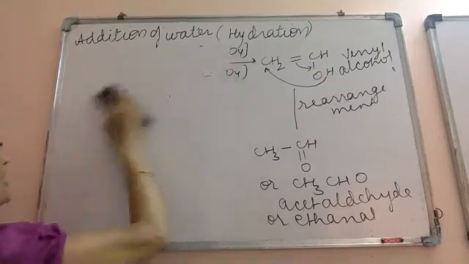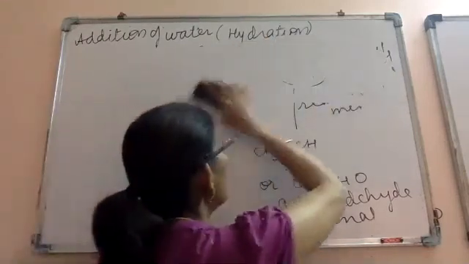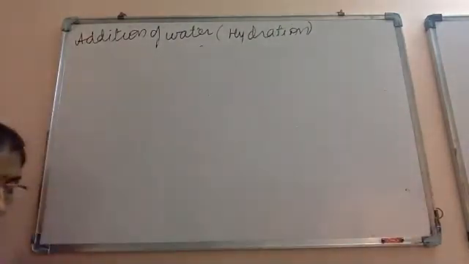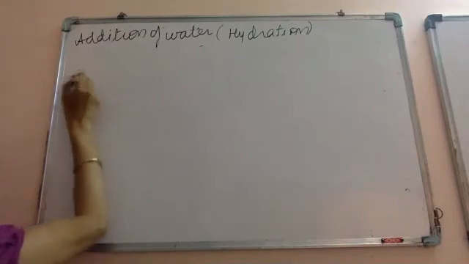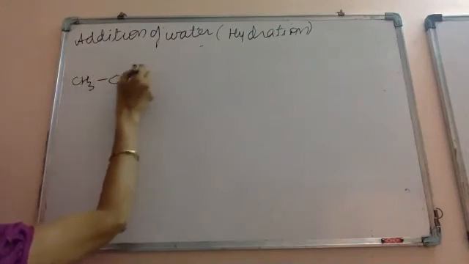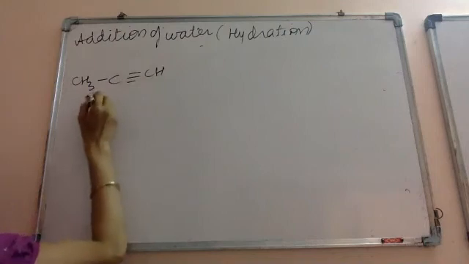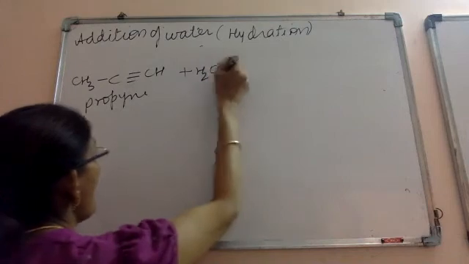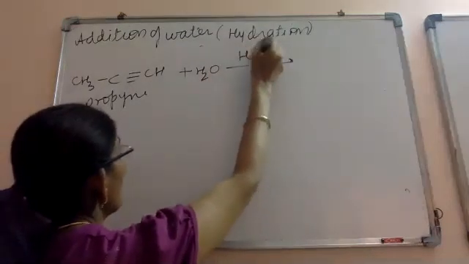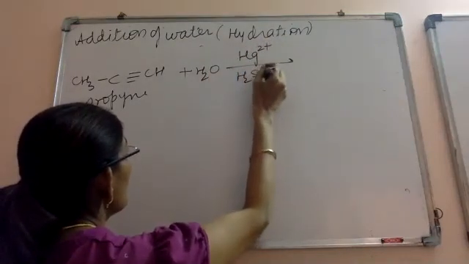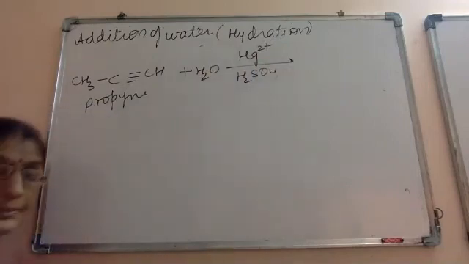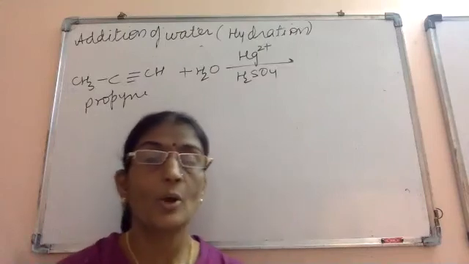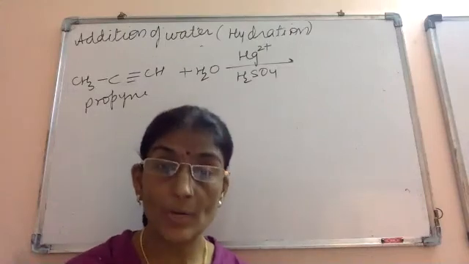Again, addition of water on propyne. This is propyne. First, water is added on it in presence of mercuric ion and H2SO4. You can write HgSO4 in full or any way. Hg2+ means mercuric and Hg+ means mercurous.